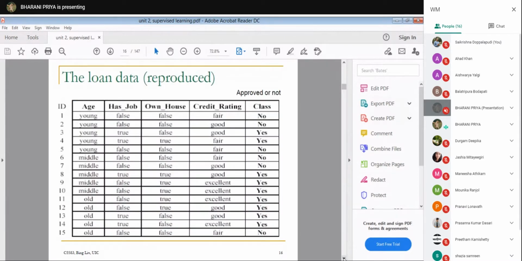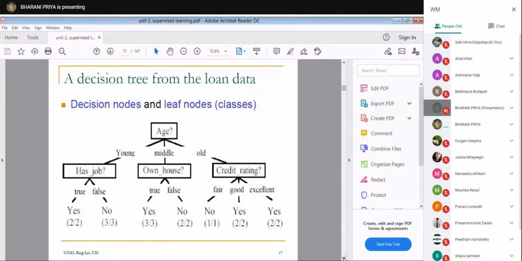So this is the data. This is a decision node where the age attribute, the first one, is called the root node, and the root is branched according to the values that age has. Age has three values: young, middle, and old.